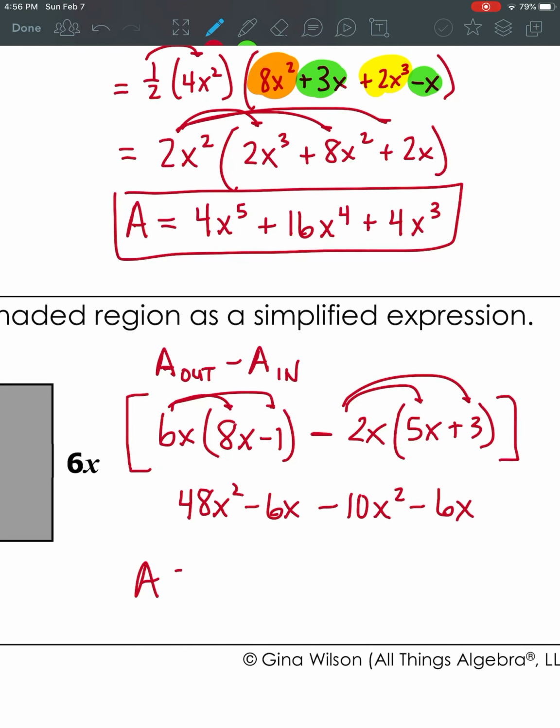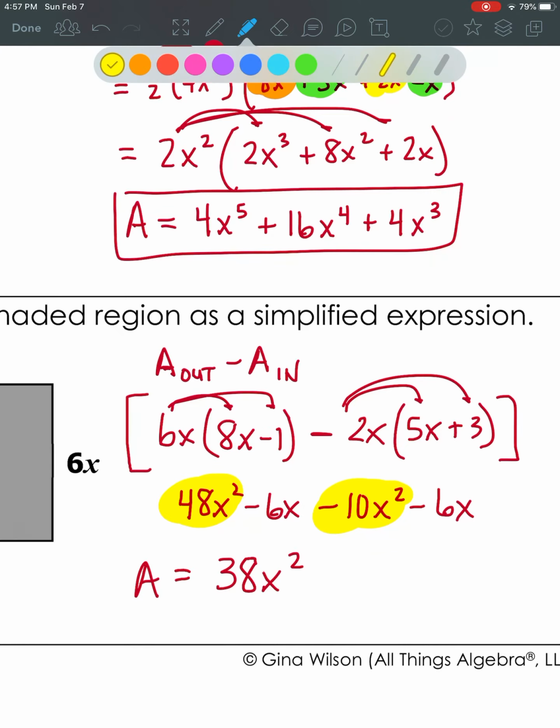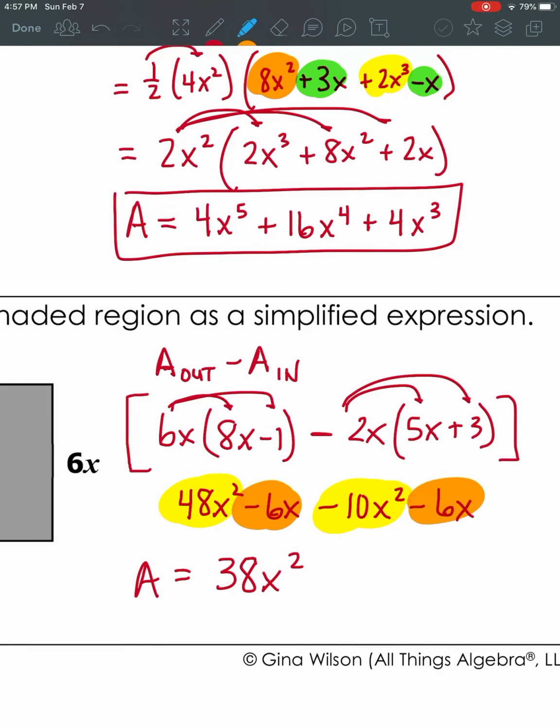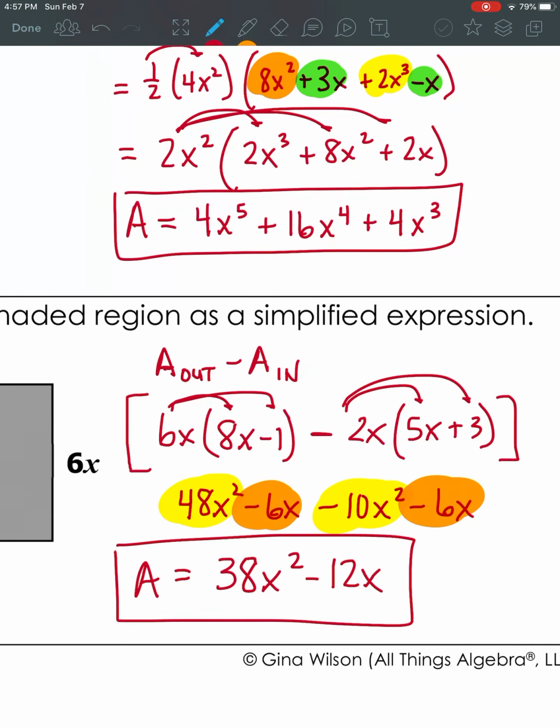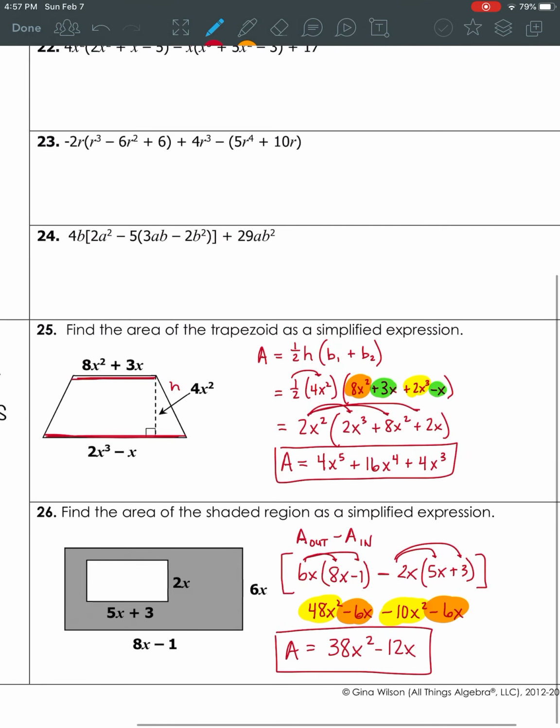And now we can go through and combine some like terms. So x squared is our highest power, so 48x squared minus 10x squared is 38x squared. Then we have negative 6x minus 6x, and we get negative 12x. So there's the area of the gray shaded region.